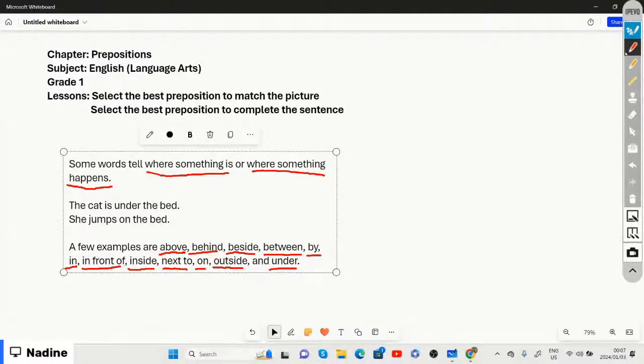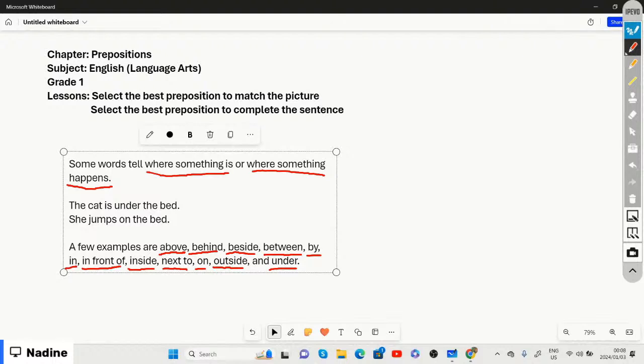If you look at an example sentence, it says the cat is under the bed. So we need to identify where something is or where it happens, more like we need to say where the cat is.